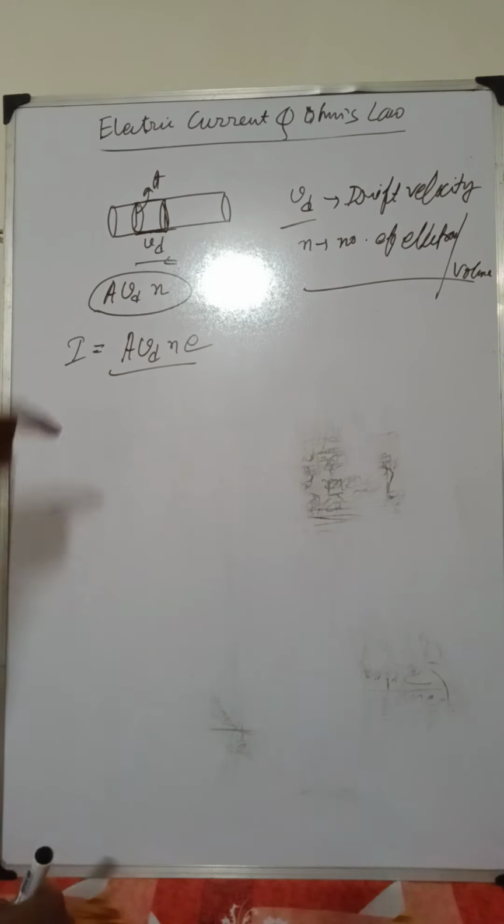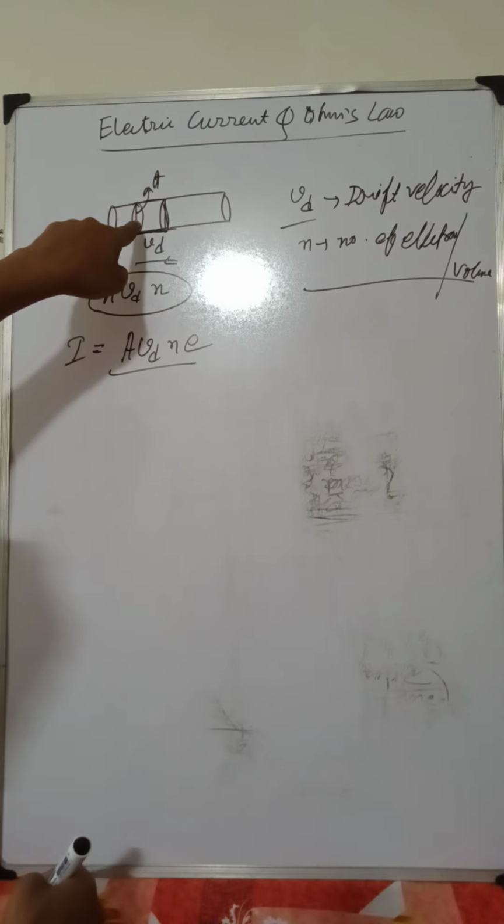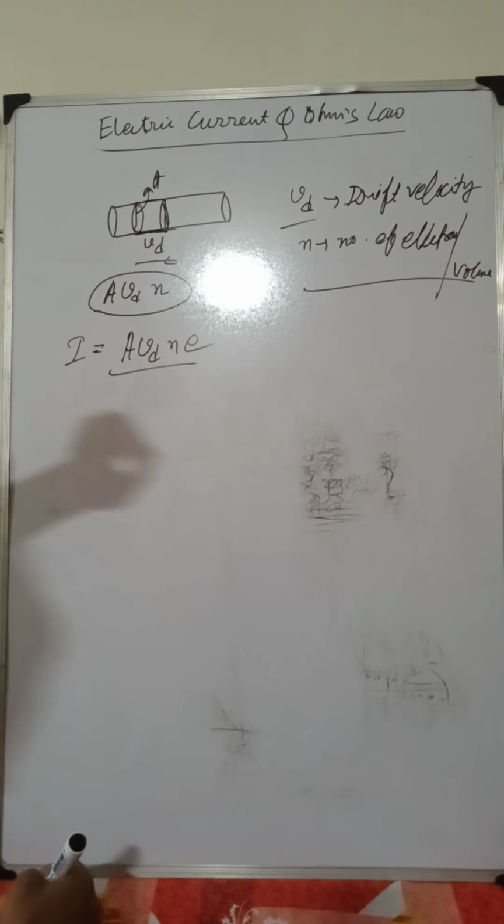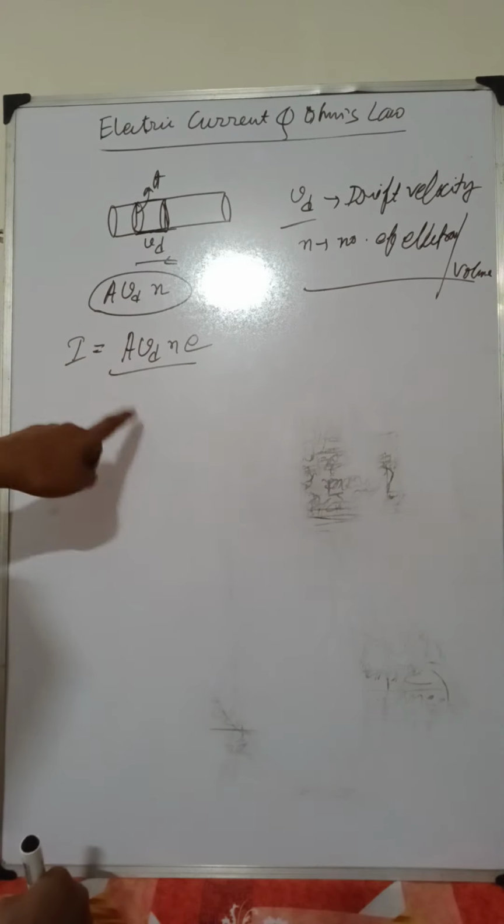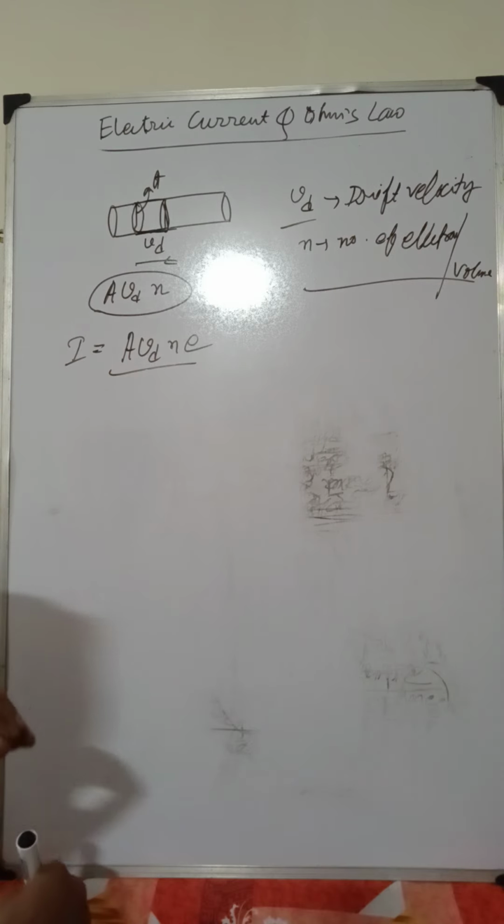We initially took Vd because we took a unit time of 1 second. So for a unit time, the charge flowing through this cross-sectional area is A Vd N E. In unit time, the charge is called the current.